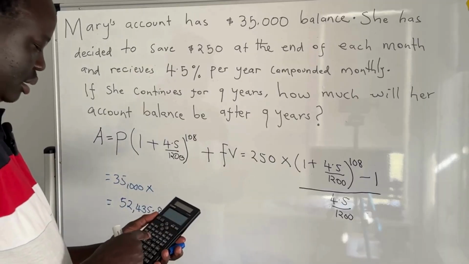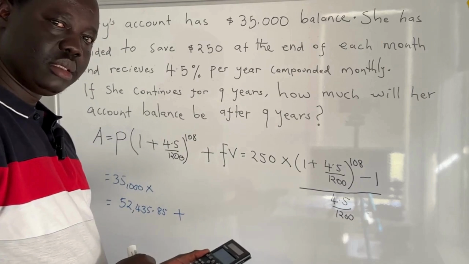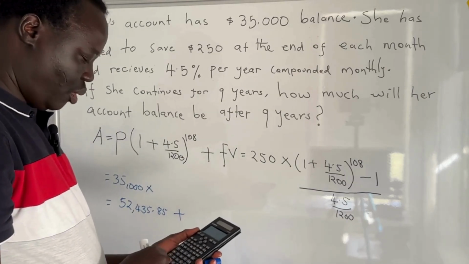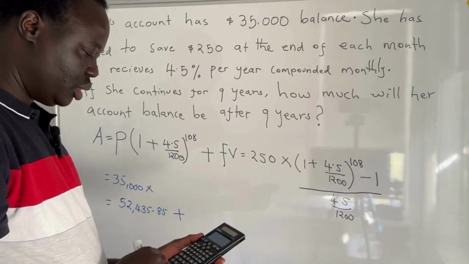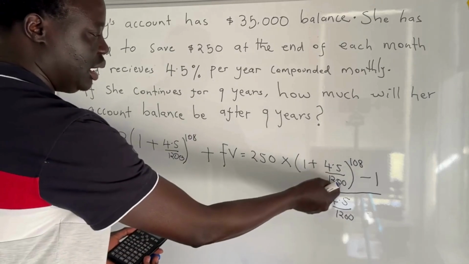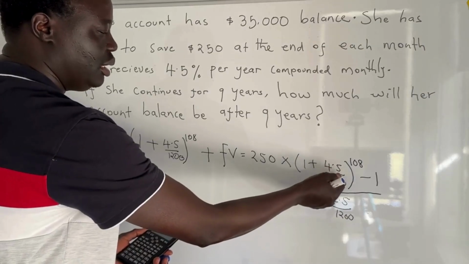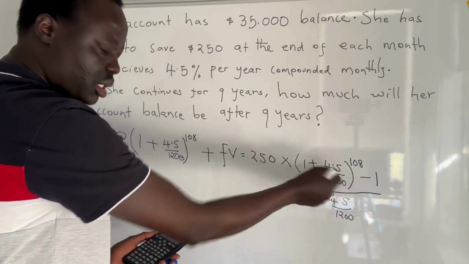So do this. You start with the bracket first, and then 1 plus 4.5, divide that by 1200, which is this. Make sure you got that one and divide that by 1200.